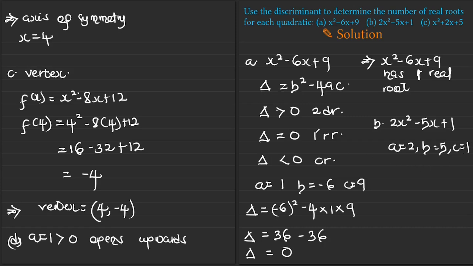Once again in our formula, our discriminant becomes b squared, which is (-5) squared, minus 4 times a, which is 2, times c, which is 1. Solving further, 5 squared gives us 25. Then negative 4 times 2 gives us negative 8, and negative 8 times 1 is negative 8. So our discriminant is equal to 17, and 17 is greater than 0.